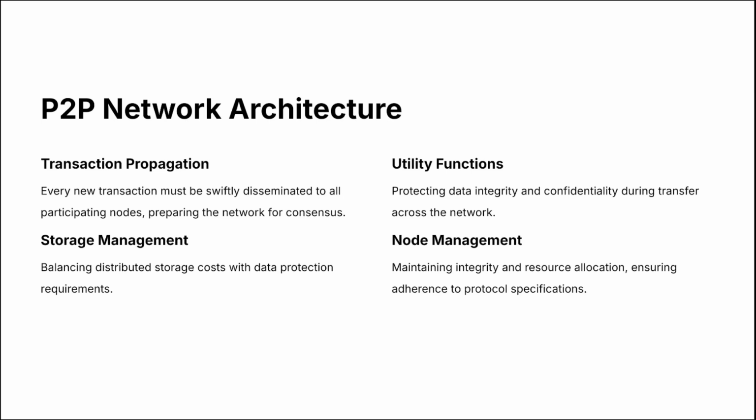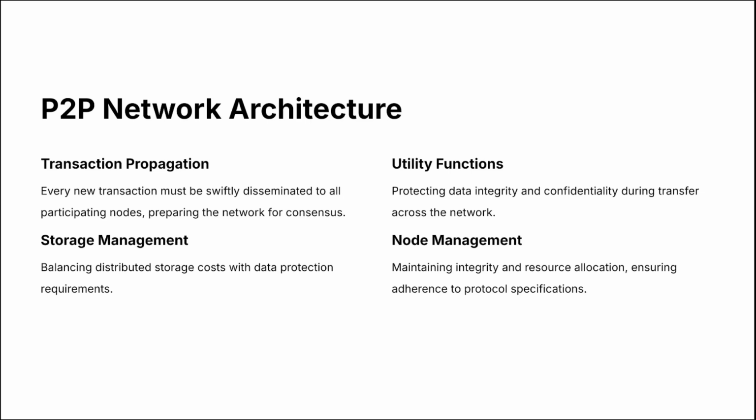In P2P networking, the first step is transaction propagation. Whenever a new transaction is created, it needs to be quickly broadcast across all nodes in the network. This rapid mechanism ensures that every participant is working from the same up-to-date information, which is essential before the network can move to consensus.